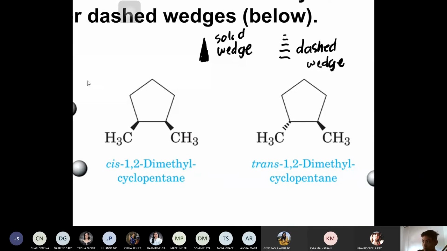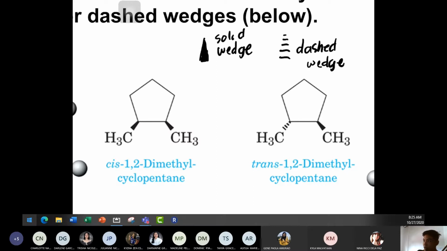So kapag ang iyong substituents, they are both pointing towards you, yun ay cis. Pag sila ay on the opposite direction, yung isa ay naka-solid, yung isa ay naka-dash, ibig sabihin nun, trans yun. Okay?